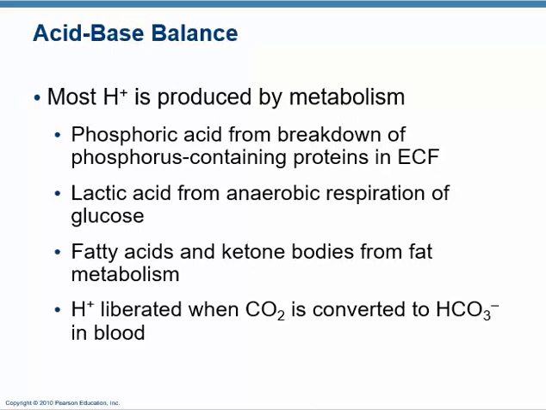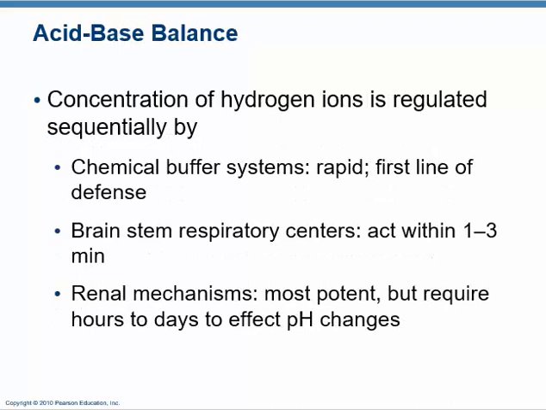Because carbon dioxide, when mixed with water, CO2 and H2O become H2CO3, and that becomes H+ and HCO3-, which is bicarbonate. Proteins break down and become phosphoric acid. So we have to regulate this.